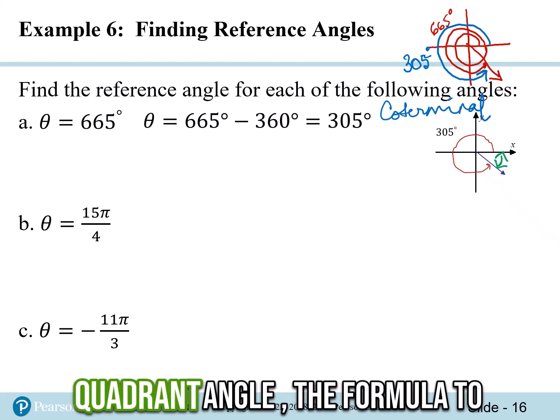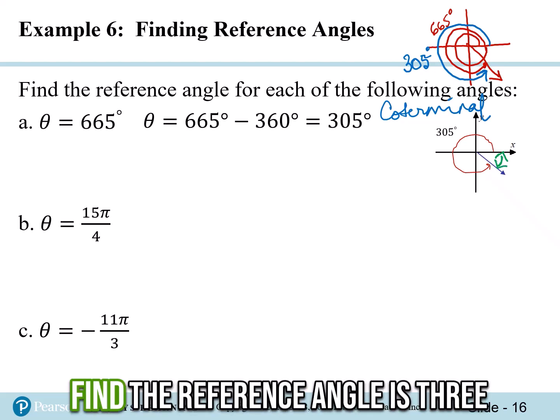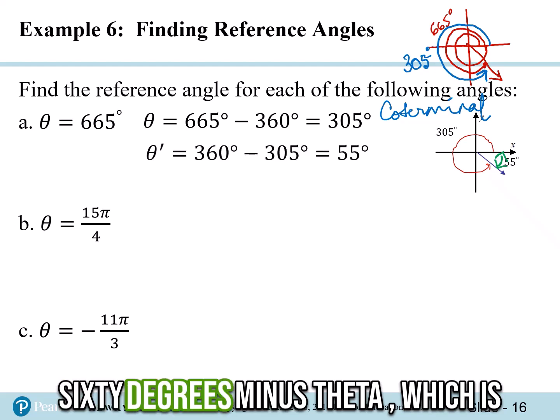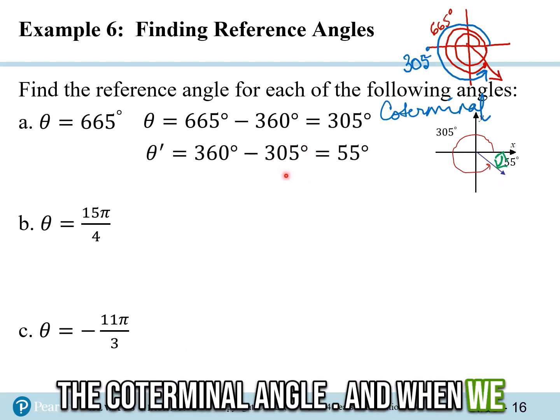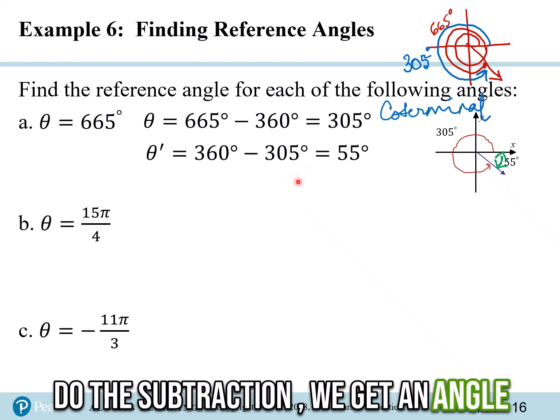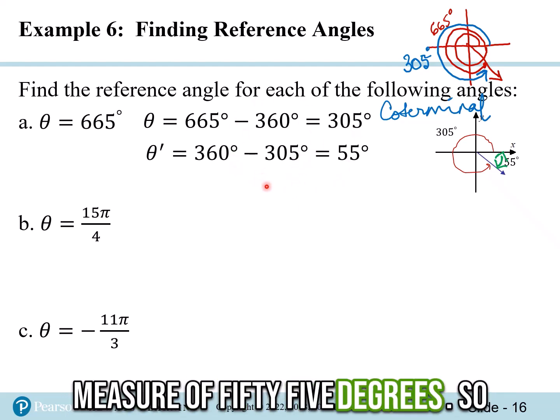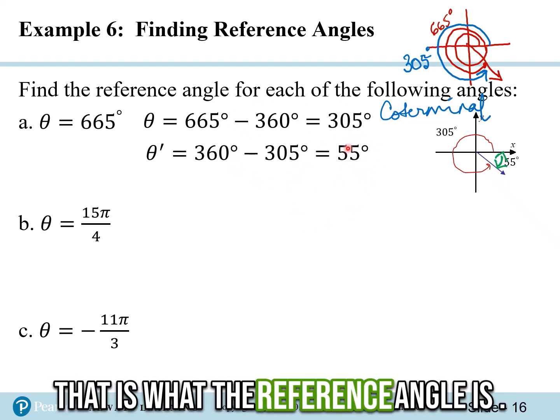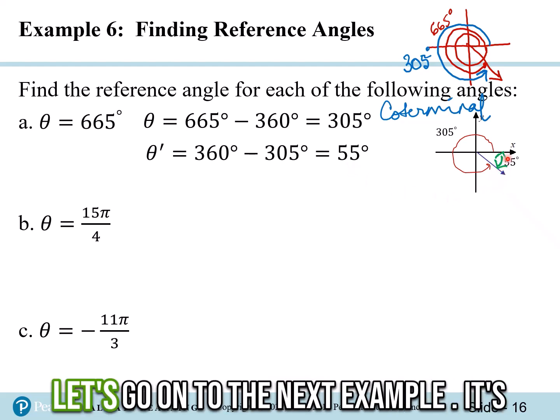For a fourth quadrant angle, the formula to find the reference angle is 360 degrees minus theta, which is the coterminal angle, and when we do the subtraction we get an angle measure of 55 degrees. So that is what the reference angle is. Let's go on to the next example.